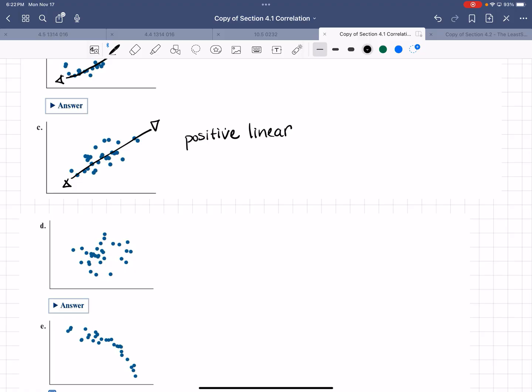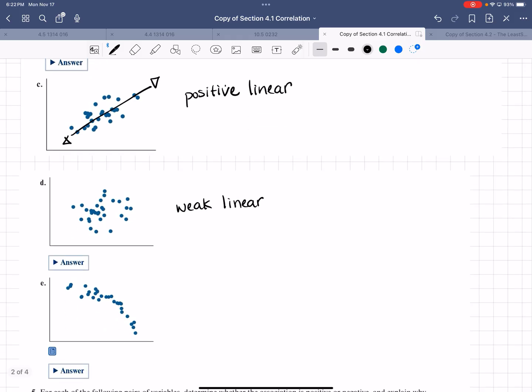Weak. And we went ahead and said linear. That's our only choice for weak. And then on E, it is falling, so it is negative. Does it have a curve to it? Yep, a little bit. So it's going to be non-linear due to that curve.